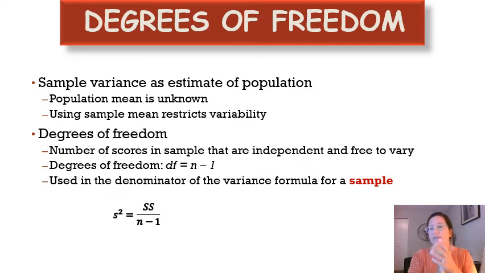So degrees of freedom, because samples are never a perfect representation of the population, there's always going to be a difference, some error between the sample and the population. No matter how great of a sample you have, it's going to differ a little bit from the population. So the sample is usually an estimate.